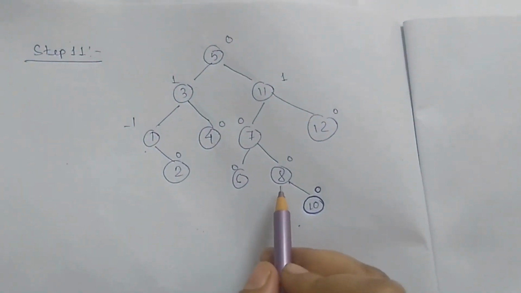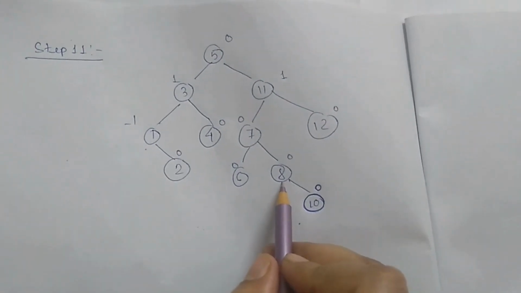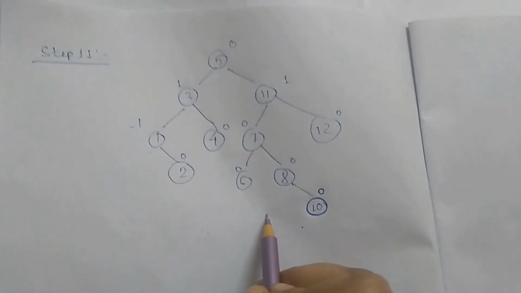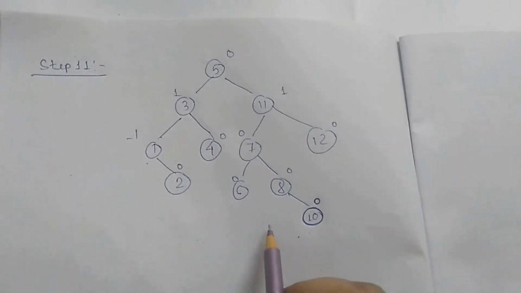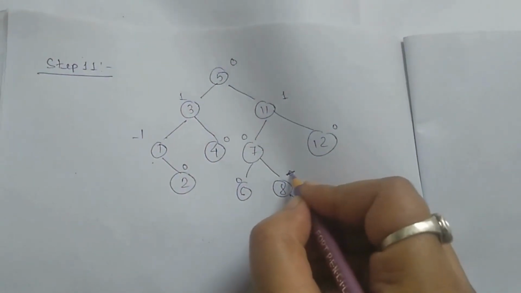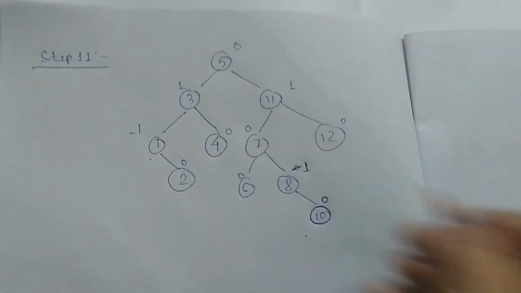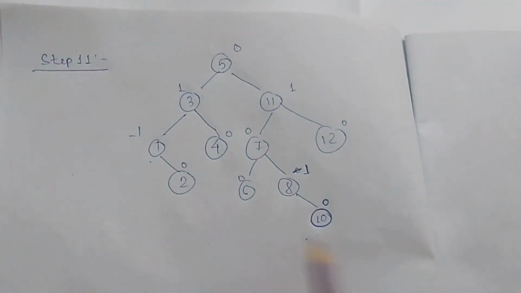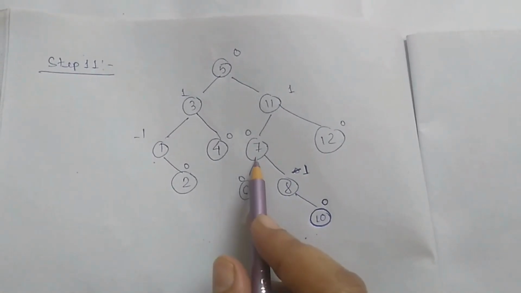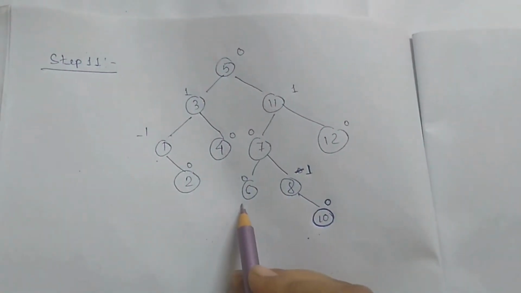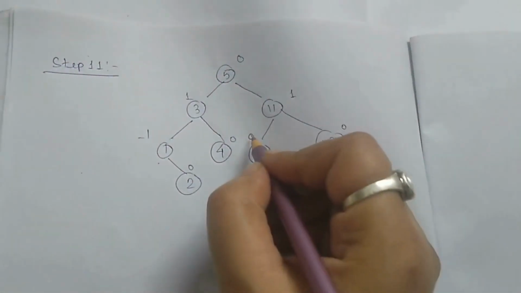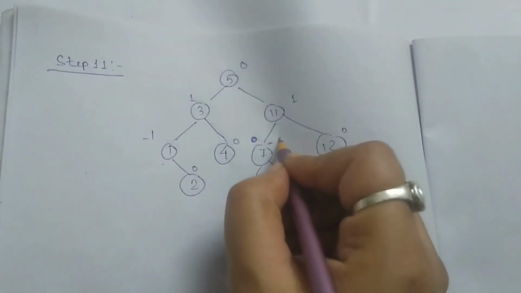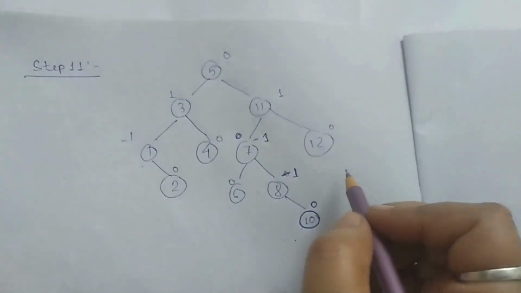Now when we consider the 8 node, there is no left subtree value as well as one right subtree value. So 0 minus 1, the value is minus 1. Now when we consider the 7 node value, one left subtree value and 2 right subtree value, that is 1 minus 2, the value is minus 1.